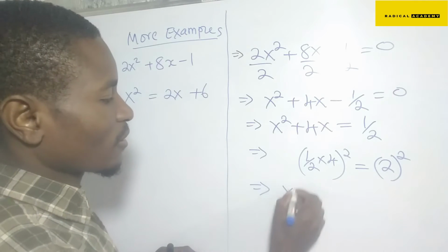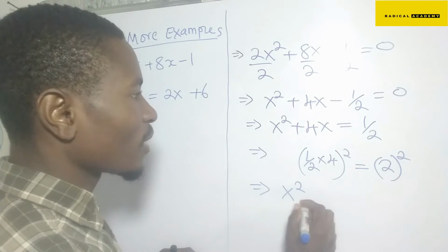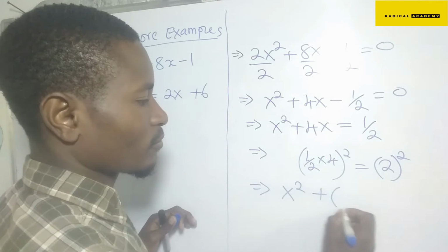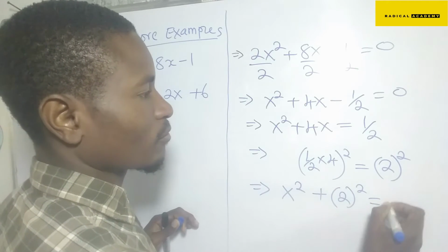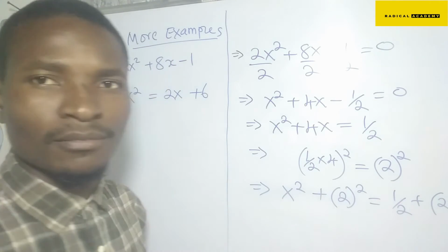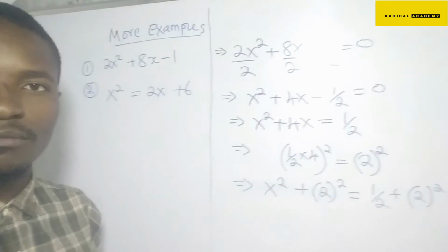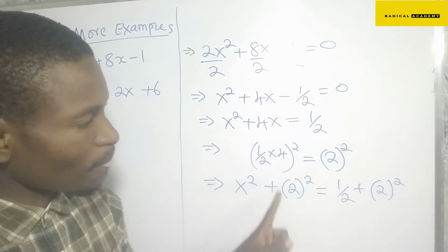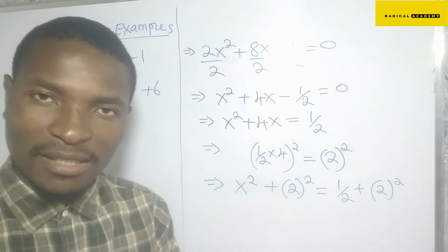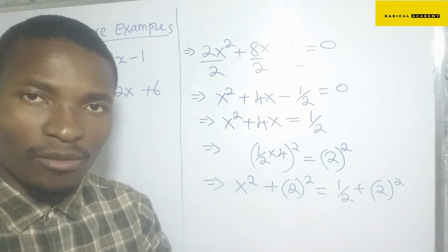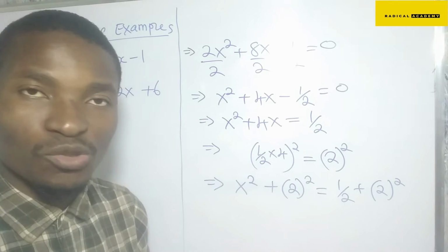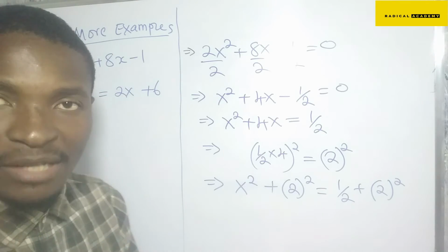From there we're going to say x squared plus 4x plus 2 squared. So after you find the half of 4, which is 2, you have to add it to both sides of the equation, so that you can complete the square by means of factorization.